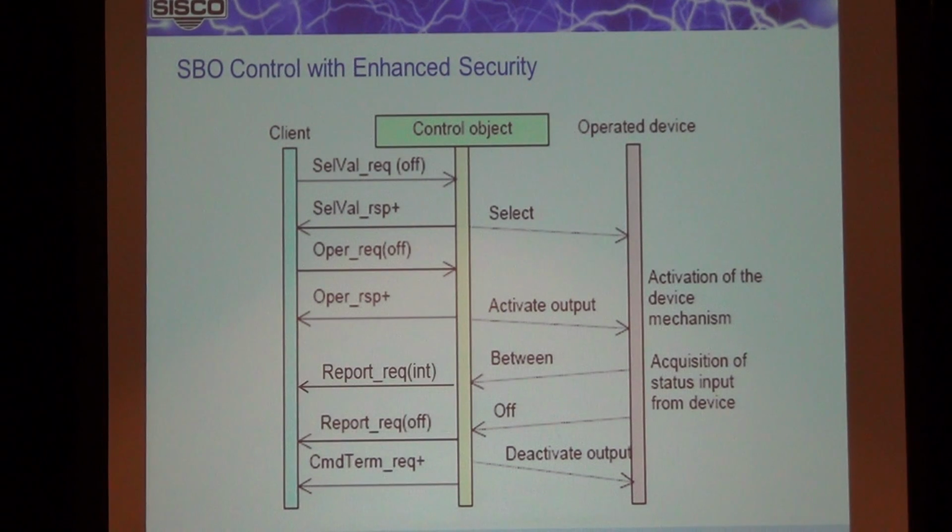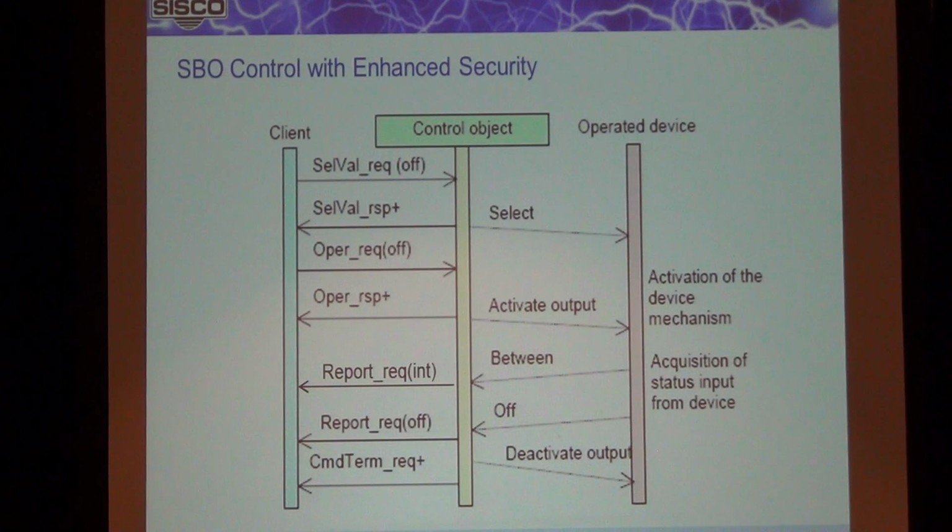But there's also an enhanced security model, which allows the client to first do a select, where the device will tell you, yes, it's okay, I will let you select it. Then it does the select function, at which point there's a status bit that tells you if it's selected or not, and you could see that change state. Then you can issue an operate, which the device will tell you, I will attempt to operate, activates the output, does whatever it has to do in the control function, and then you can monitor the progress of the object changing state.